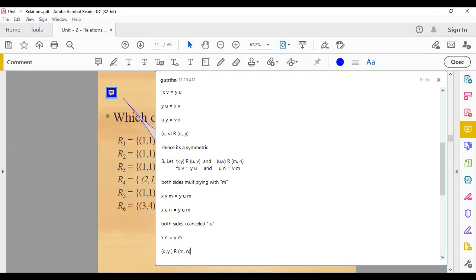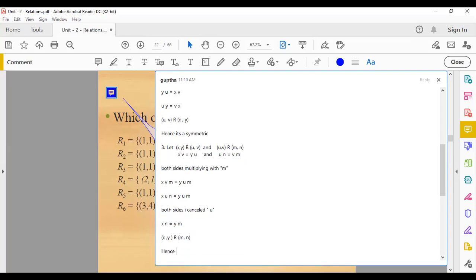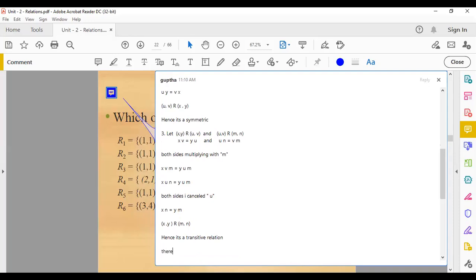So finally we are getting A is related to B, B is related to C, and then A related to C. Hence it is a transitive relation. Therefore, the relation R is an equivalence relation.